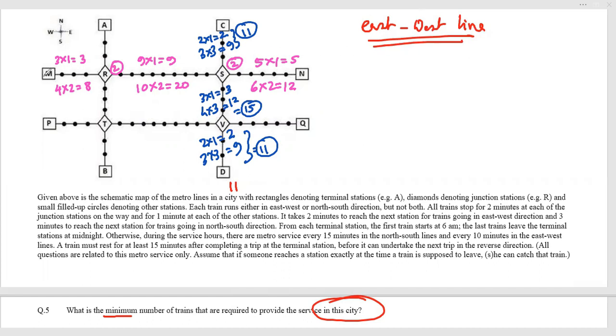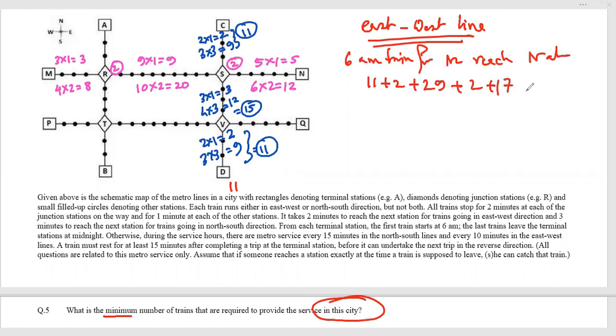Let's say at 6 a.m. a train starts from M. How much time does it take to reach the other end? In total we have calculated it should be 11 plus 2 plus 29 plus 2 plus 17.